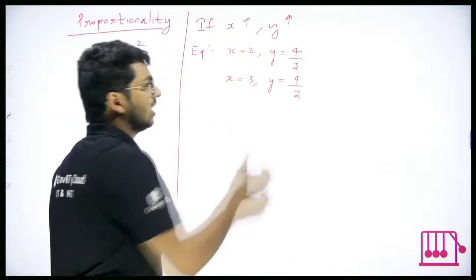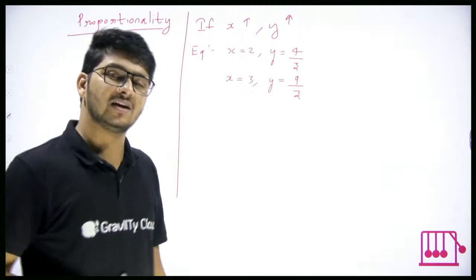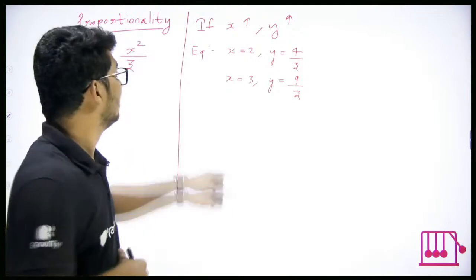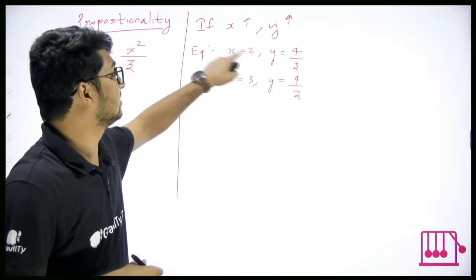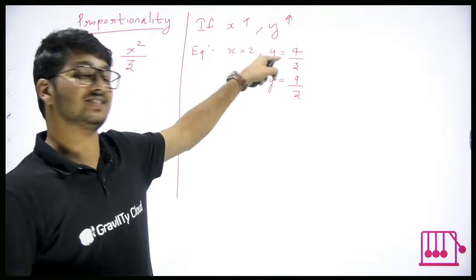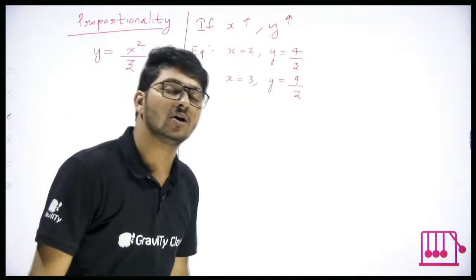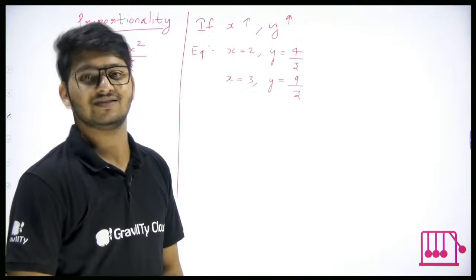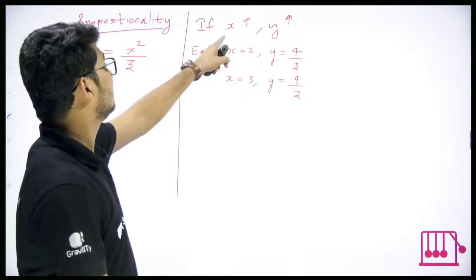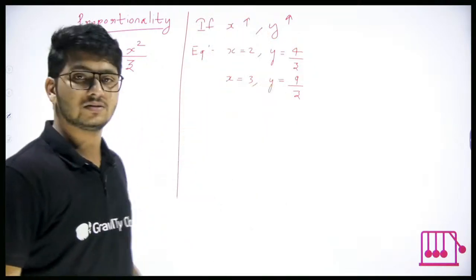So if you compare 4 by z and 9 by z, which is greater? 9 by z is greater. So x is increasing from 2 to 3 and y is also increasing from 4 by z to 9 by z. Understood? Clear? So here one increases, the other automatically increases.